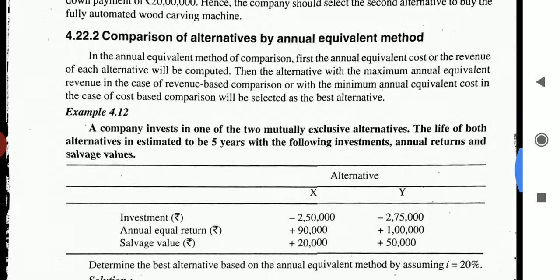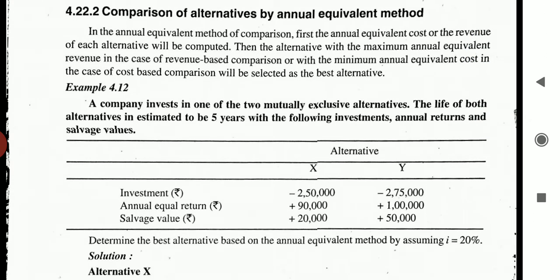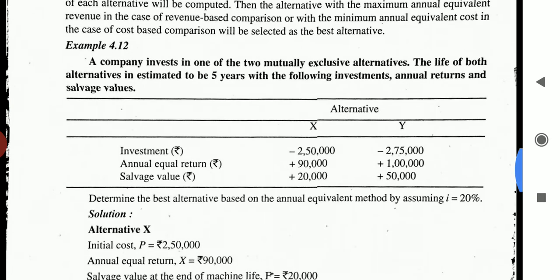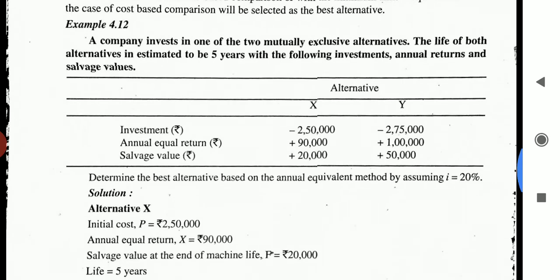Okay, next problem: a company invests in one of two mutually exclusive alternatives. The life of both alternatives is estimated to be 5 years, with the following investments, annual returns and salvage. He mentioned salvage, annual returns and also investment.